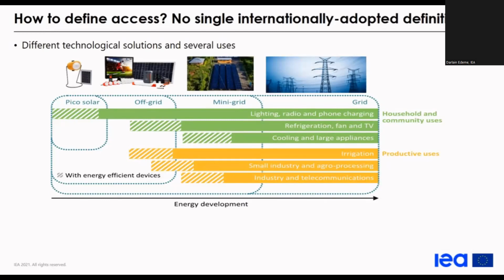So this type of product is able to provide households and communities with lighting and entertainment services, especially if those devices are very energy efficient. And we are observing very fast progress in the development of such technologies, with strong improvements in performance and decreases in costs.